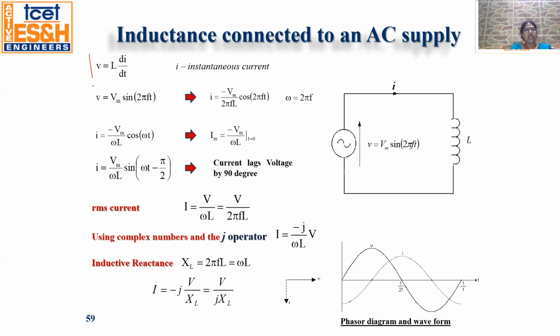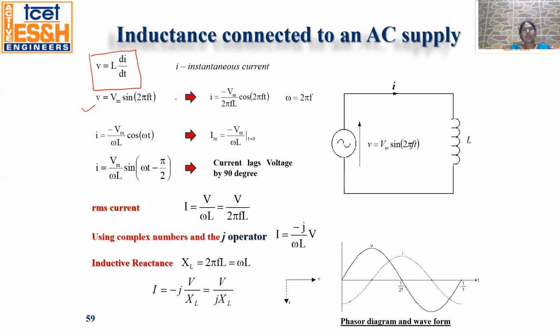Now this is some revision portion. In the case of an inductor, V is L di by dt, and the equation for the voltage is Vm sin 2 pi ft, or Vm sin omega t also.